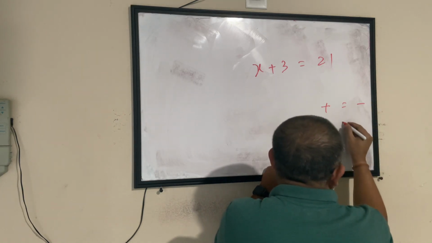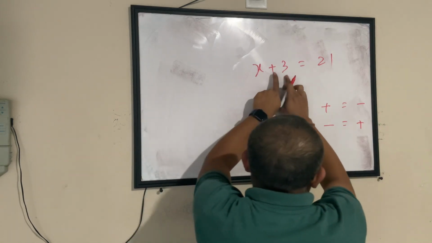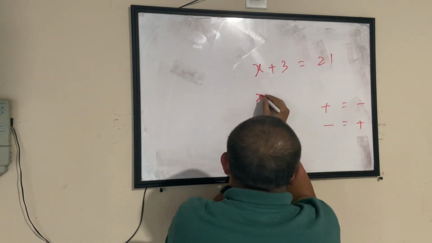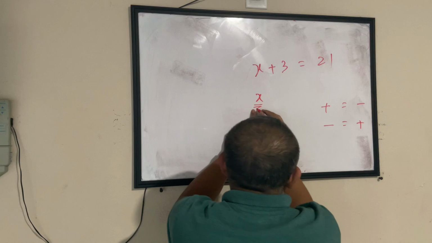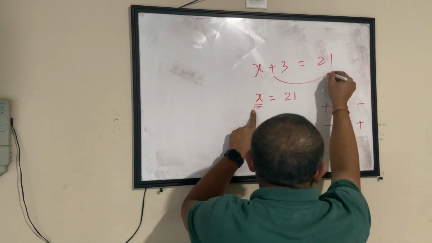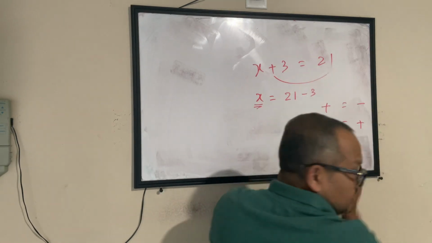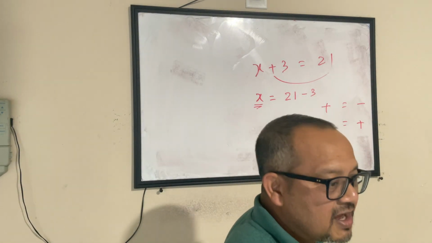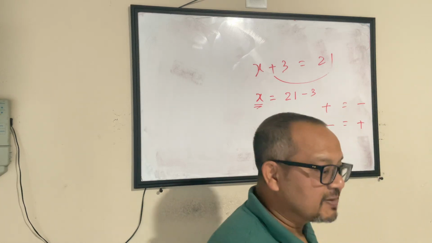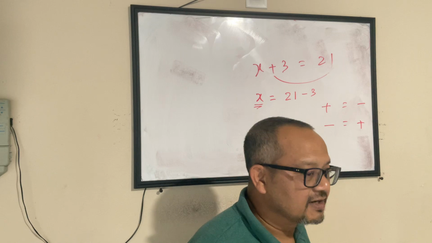If you have a minus and make it cross, it becomes plus. So if you want to keep only x this side, this becomes 21 and the 3 comes here, becoming minus 3. Because it was a plus, it became minus. Plus to minus, minus to plus, multiplication to division, division to multiplication. That is how you will see this.